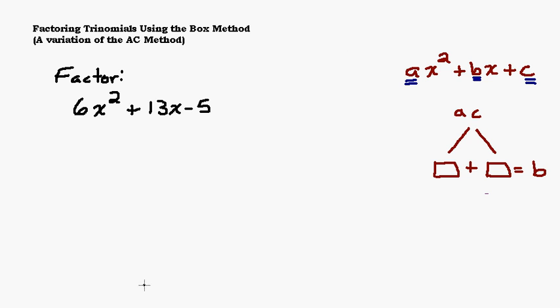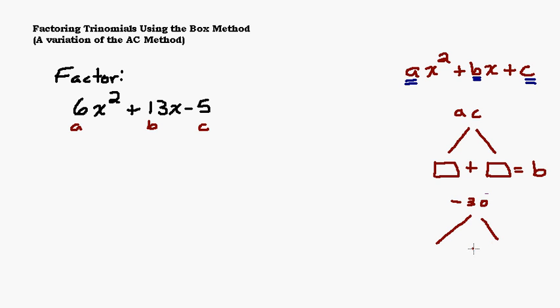So the first thing we need to do is, well, we could set up our box, or we could do the AC method thing. I'll do the AC method first. My A value is 6, my B value is 13, my C value is negative 5. So A times C, 6 times negative 5, would be negative 30.